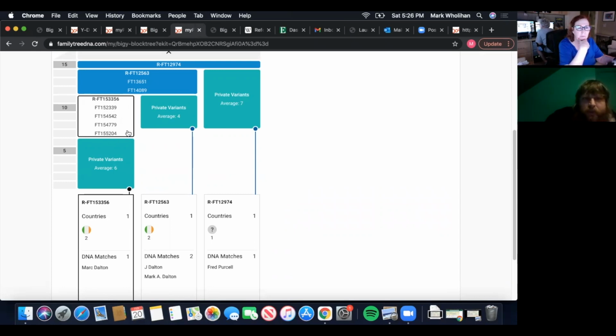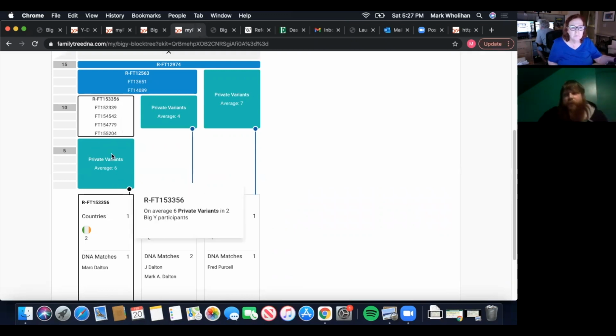So they don't know how to sort these numbers out. So that's why Family Tree DNA says that these numbers may change. Exactly. So let's say you have a fifth or a sixth cousin that does a Y DNA test, a big Y DNA test.